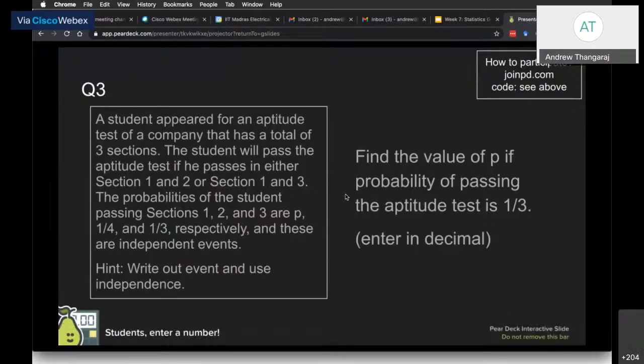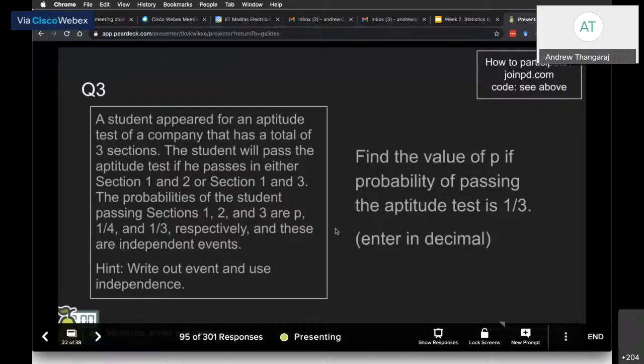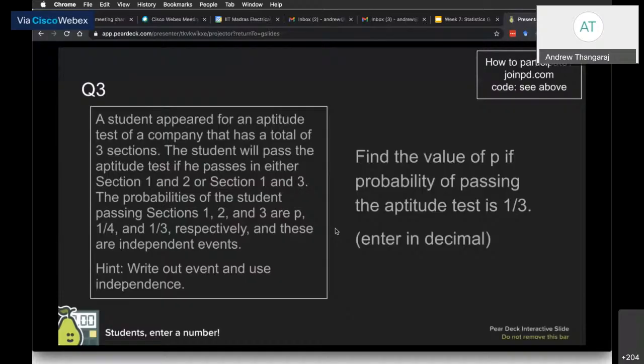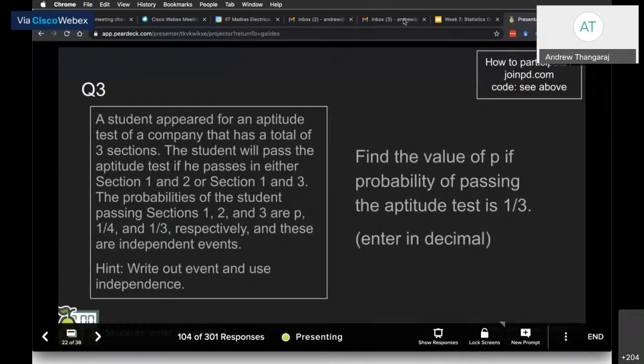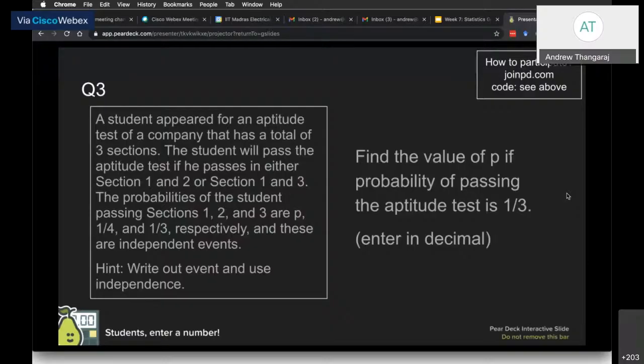Okay, so people are making slow progress here. It's a slightly more twisted problem, I think. You have to consider the case of passing in all three. You have to consider every possibility, right? When you write out the event, it should be completely described.